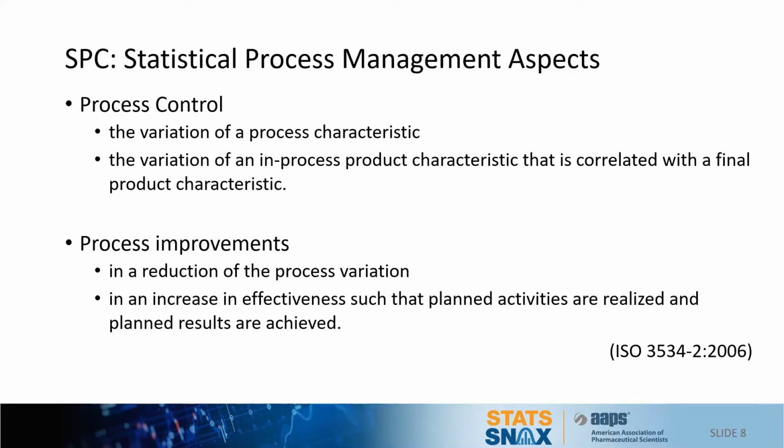It controls the variation of in-process product characteristics that are correlated with final product characteristics. Process improvement is focusing on the reduction of the process variation so that you can achieve an increase in effectiveness such that planned activities are realized and the planned results are achieved. All right.